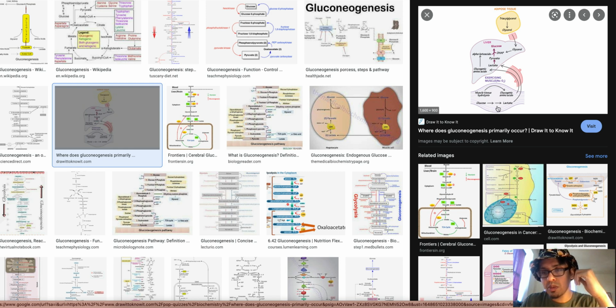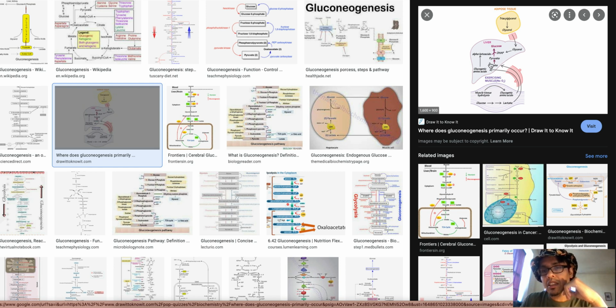Muscle cells produce lactate, and this lactate, via lactate dehydrogenase, is converted into pyruvate. Then there are the amino acids, which can get converted to alpha keto acids, and glycerol, which gets converted to DHAP.